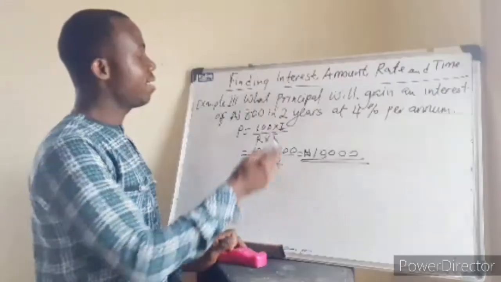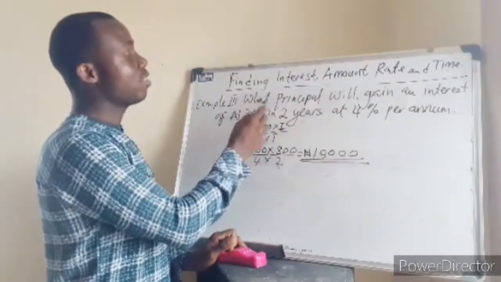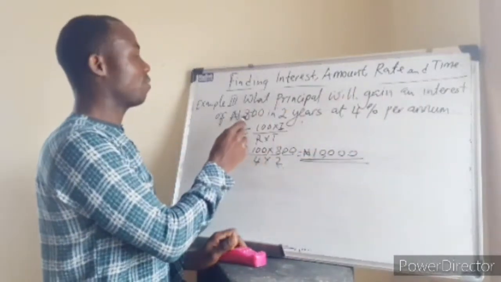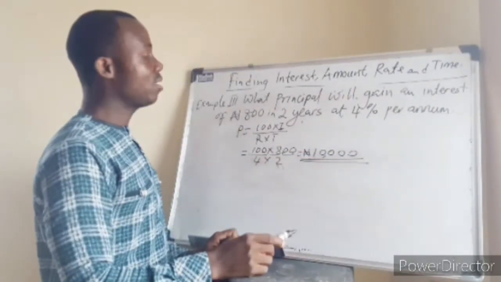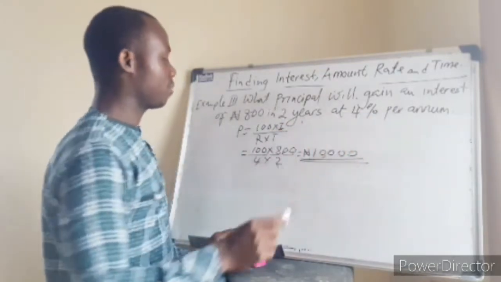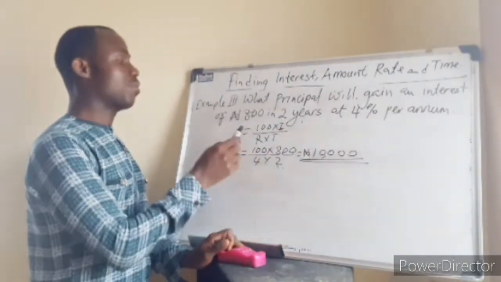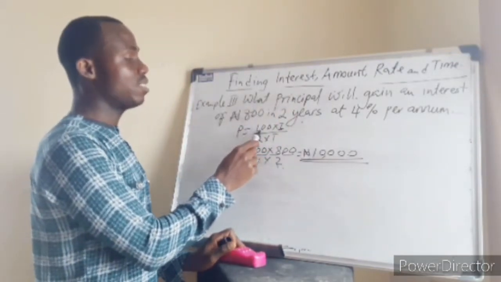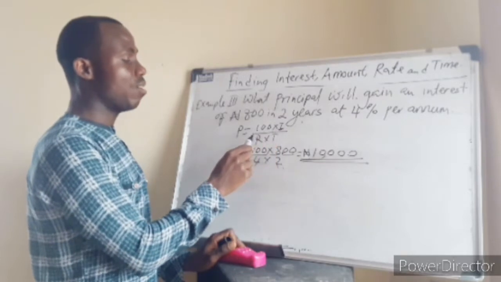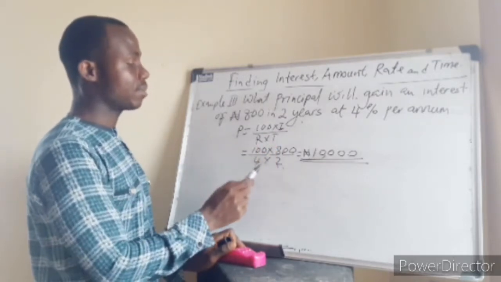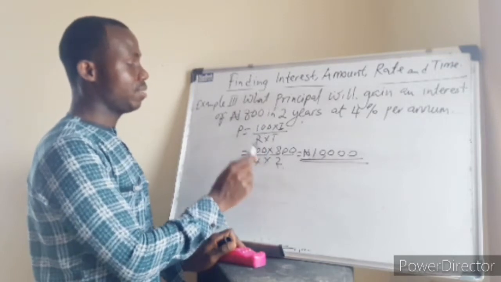That is our answer. Example 3. What principal will gain an interest of 800 naira in 2 years at 4% per annum? Remember I told you earlier, we are looking for principal. So principal is 100 times I all over rate times time. 100 is here.